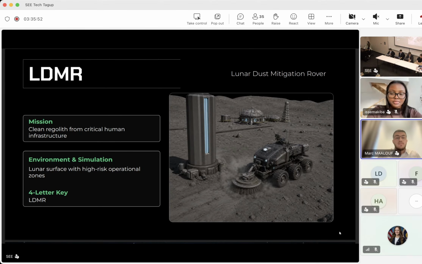LDMR works with sensors placed around the facility, and when dust reaches a certain threshold, the sensors send a signal with the coordinates of the area that needs cleaning. LDMR then moves to the location, checks the environment, and starts removing the dust. Next slide, please.